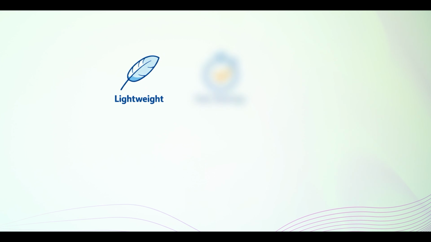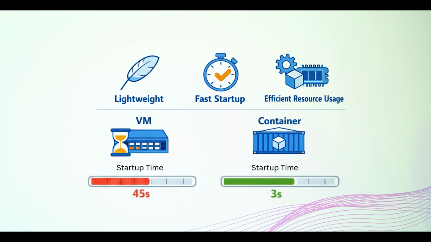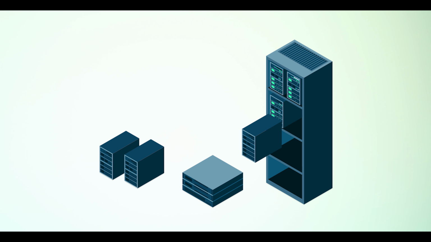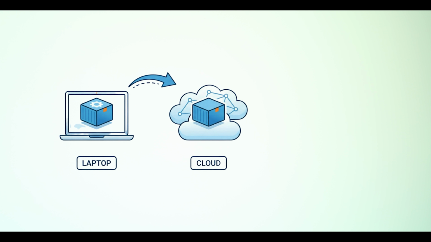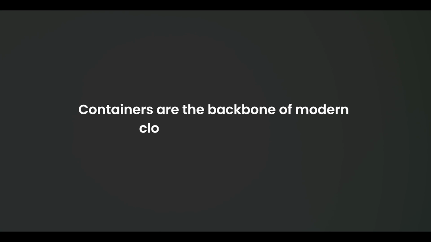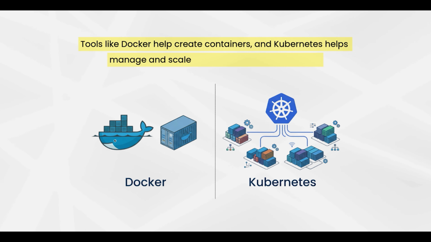Containers are lightweight, they start quickly, and they use system resources efficiently. They are portable. You can build once and run anywhere, on your laptop, in the cloud, or in a data center. Containers are the backbone of modern cloud-native systems. Tools like Docker help create containers, and Kubernetes helps manage and scale them across many machines.